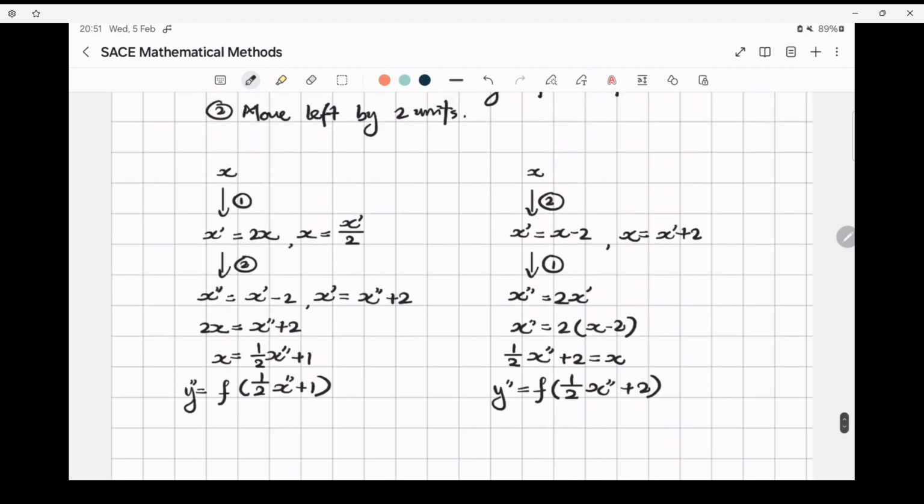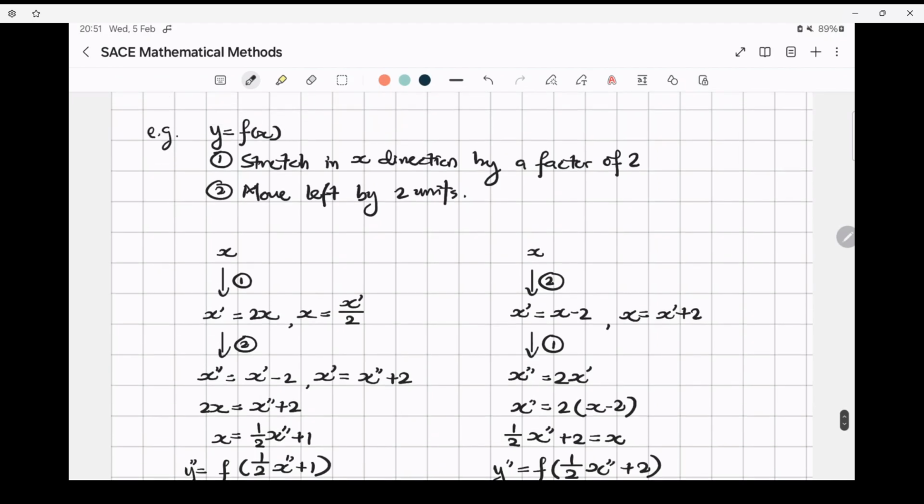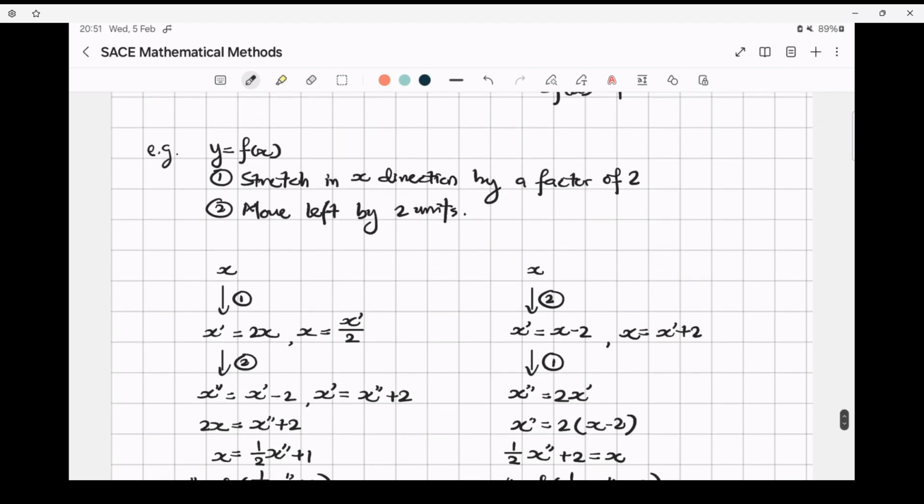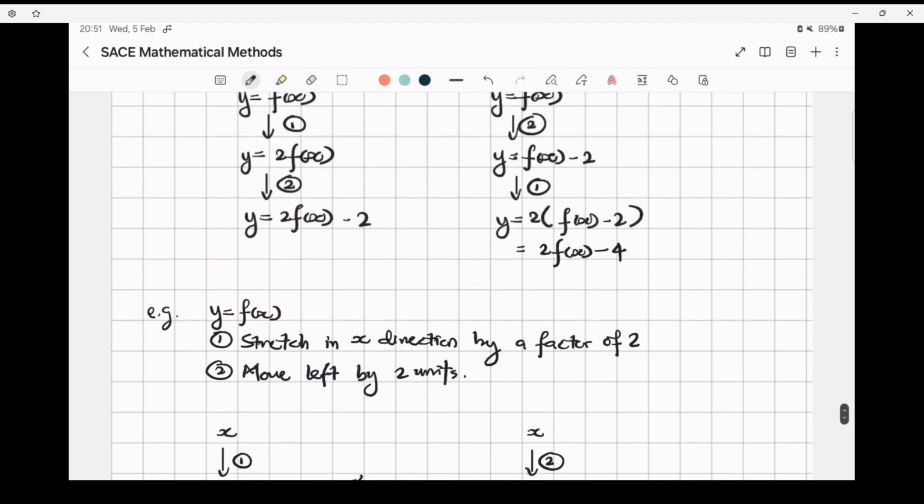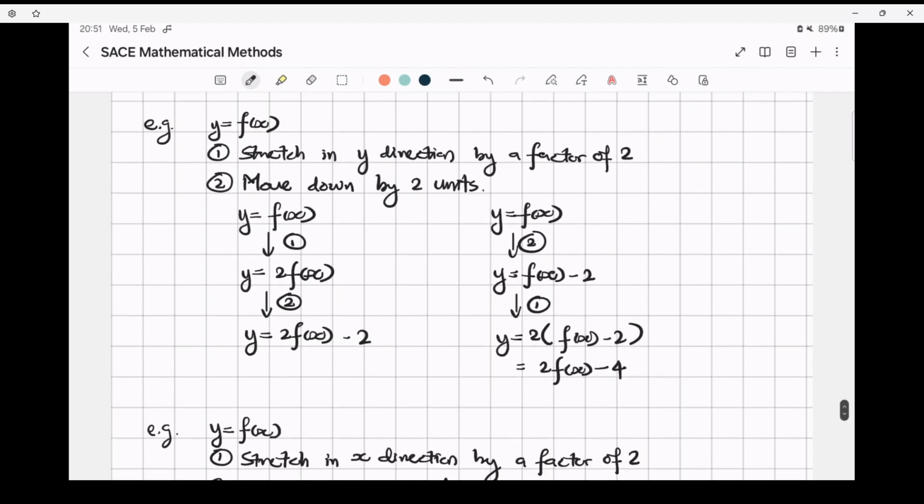You just look back at the example from the last video. This particular example is one example of a consecutive y direction kind of transformation.